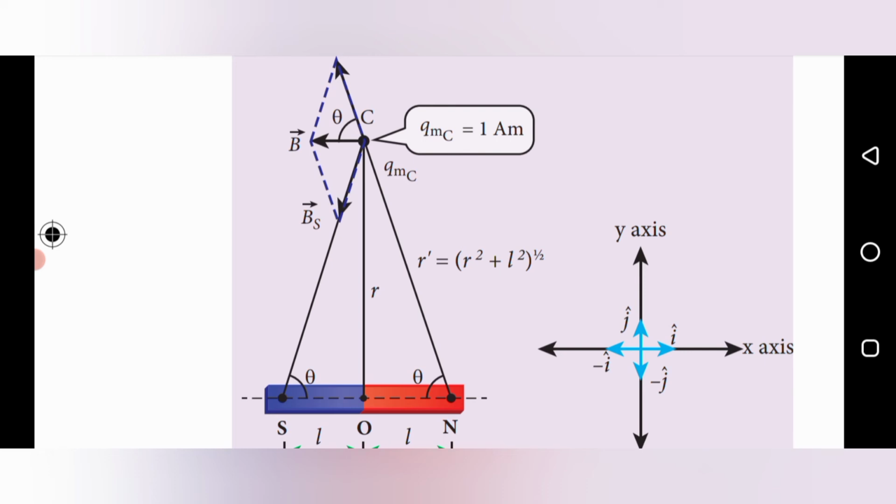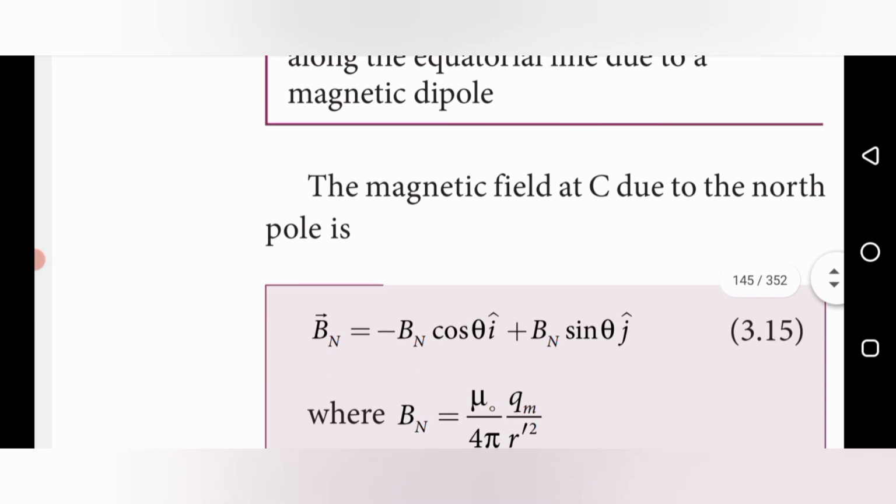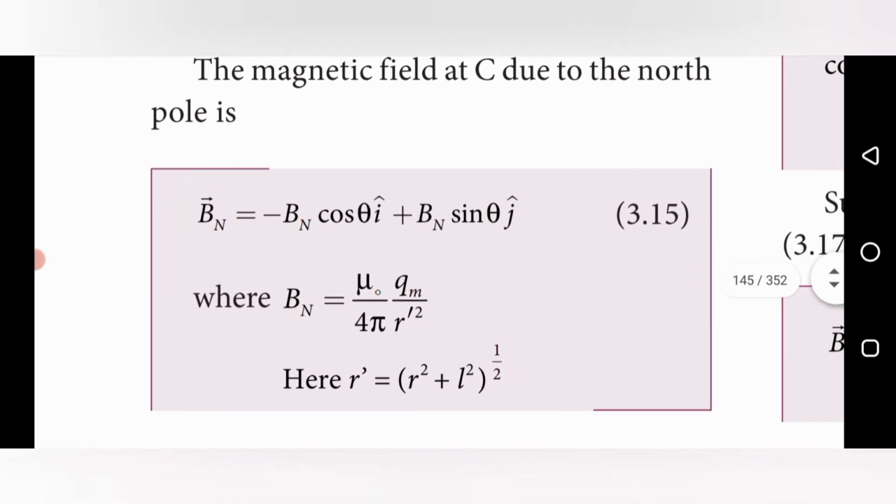That is Bs vector and Bn vector. So the resultant is the B vector, and it can be split into two component values. Here Bn vector is split into two components, Bn cos theta and Bn sin theta.